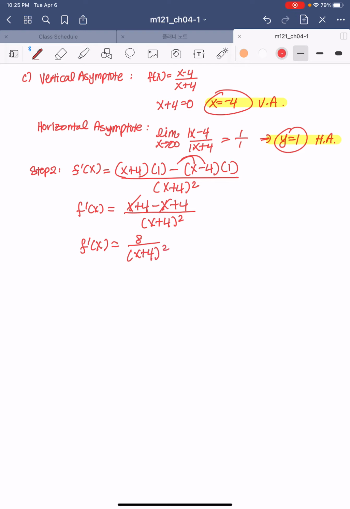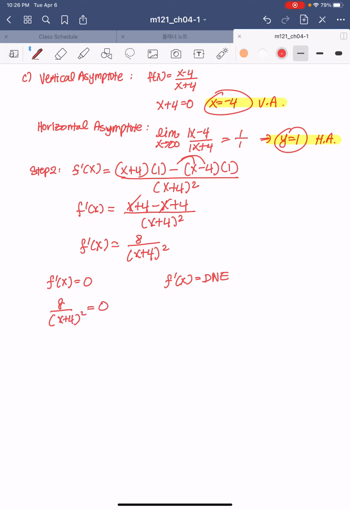Now, let's find the possible critical values so that we can partition the number line. This is again reviewing, we have done it many times. Two possible ways: either f prime is 0 or f prime does not exist. This time we have to do both because it's a fraction. A fraction is 0 when the numerator equals 0, but the numerator we are never going to have 0 because it's always 8.